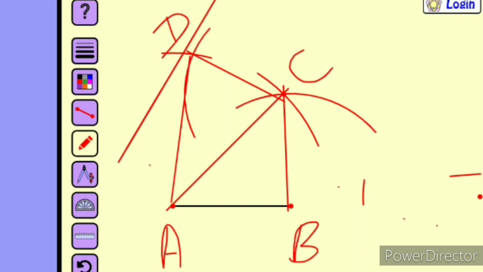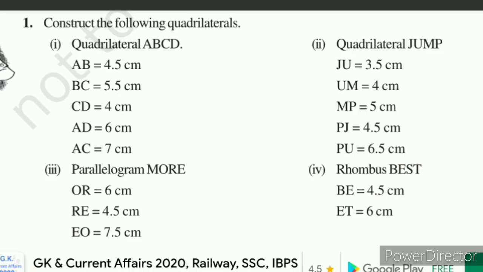You write all the measures on the sides. Try the second one as homework. Next problems we will continue in the next class.